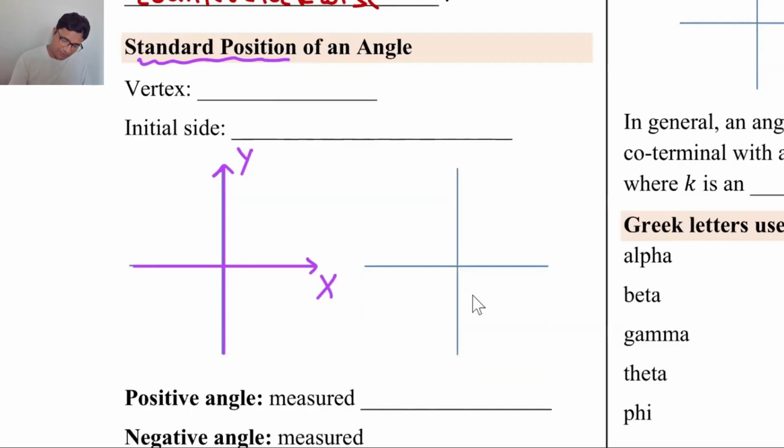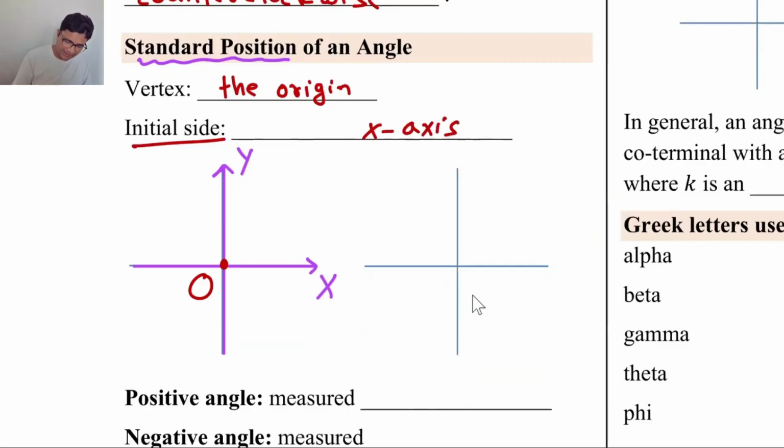And in the standard position, we make sure that the vertex of that angle is at the origin of that coordinate system, which is where the two axes meet. So the O will be the vertex of the angle in the standard position, and the initial side or ray is by default x-axis.